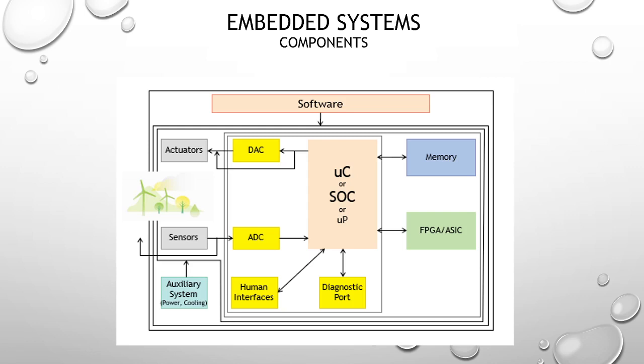These all blocks form the hardware part of the system. To make it an embedded system, we need to connect the software part which performs some specific task. After connecting the software part to all this hardware, this completes the embedded system.